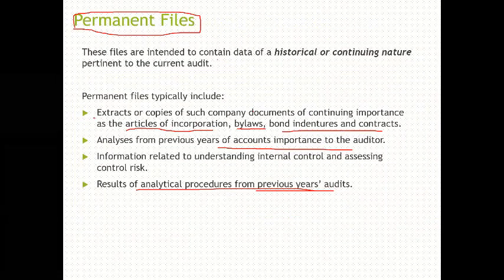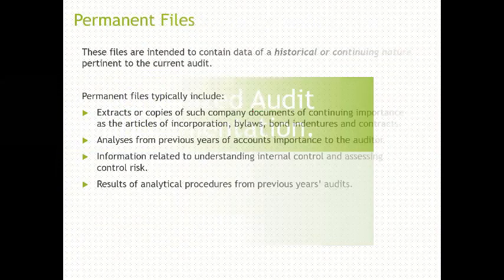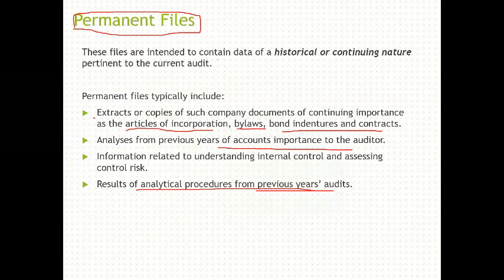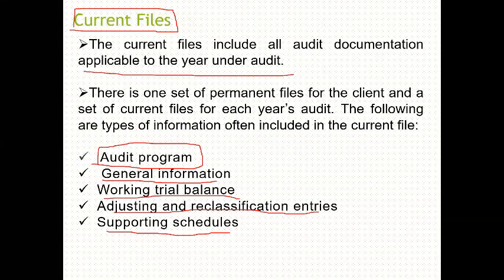Again, to sum up, in the organized audit documentation we have the permanent file. These are files of a historical nature, collected in the past, but which will continue with us in the future. And the current file includes information related to the current year.